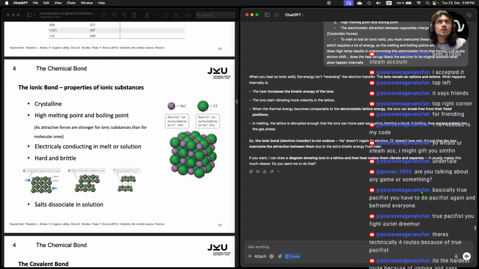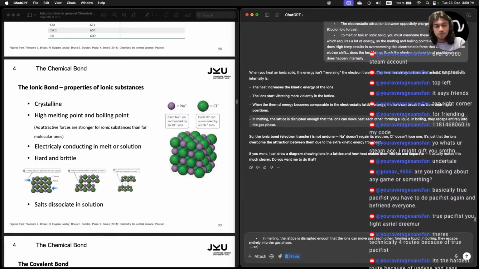In melting, the lattice is disrupted enough that the ions can move past each other, forming a liquid. In boiling, they escape into the gas phase. So when they're in the gas phase, are they still in the ionic form? Let's take NaCl as the example.